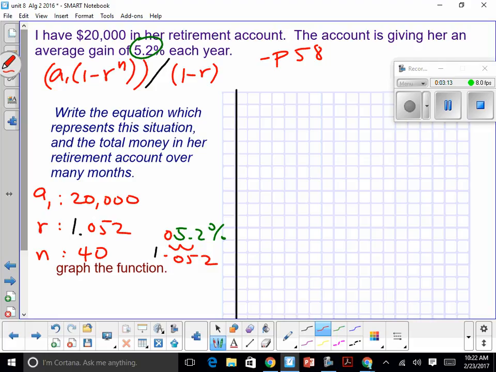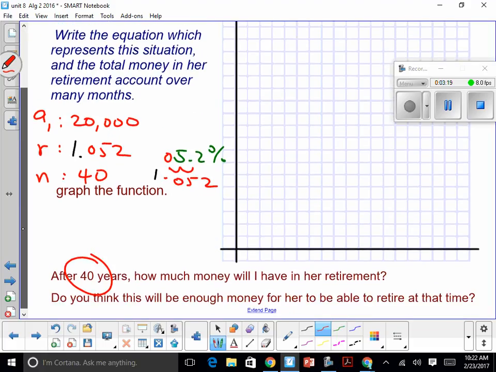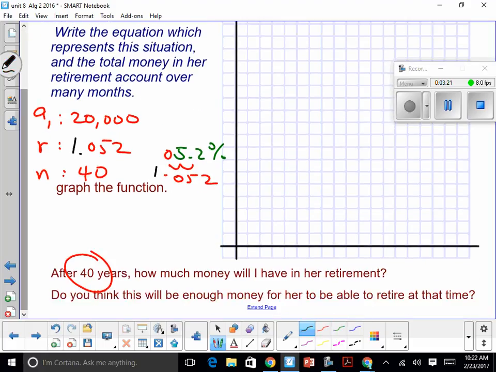And now here's the part that I want us all to do. Put it into a calculator after I write it down. A1 is 20 grand. I'm writing it like I have it at the top of the board now. If you weren't here last time, make sure you write this down. 20,000. I had the parenthesis with the 1 minus.